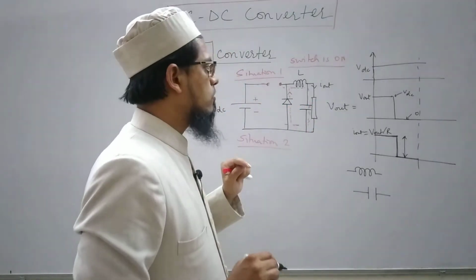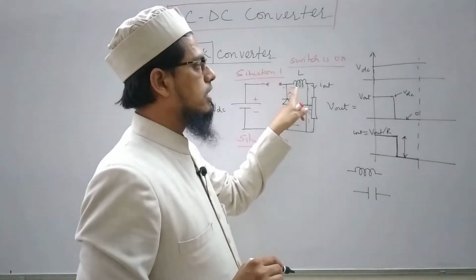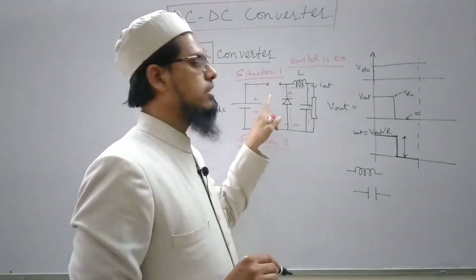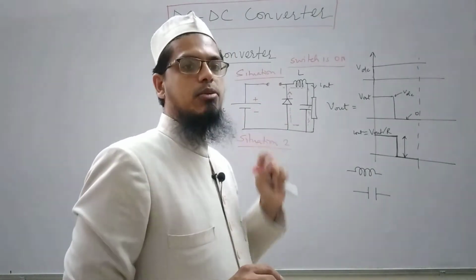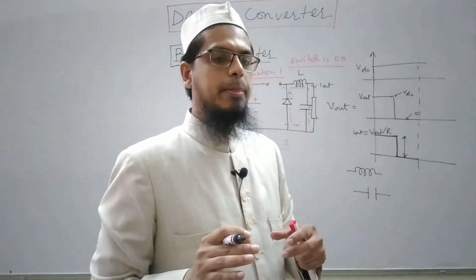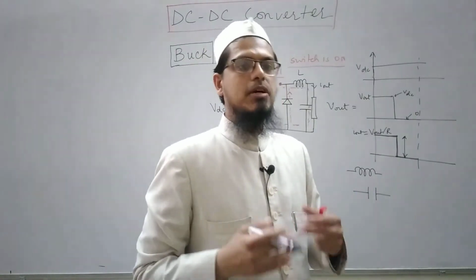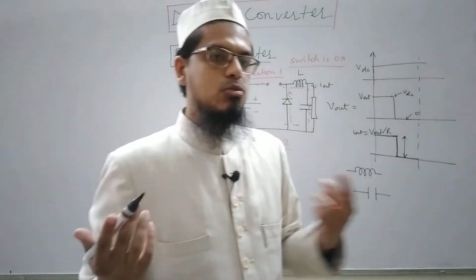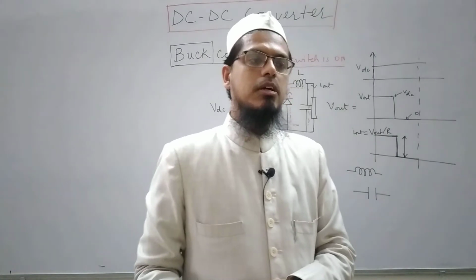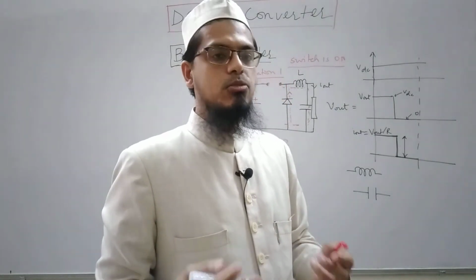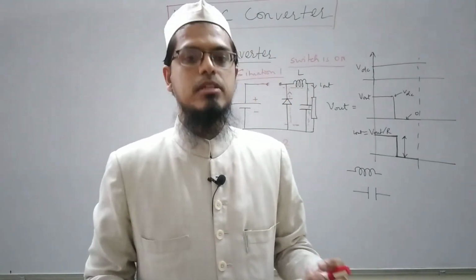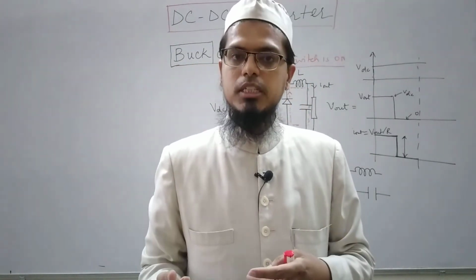I hope you understand the importance of this inductor, this capacitor and the diode, and why we are using them in this configuration of the buck converter. Ideally a buck converter will have only one switch separating the DC supply and the load, but for a real situation we have to reduce the ripples in the current as well as the voltage.